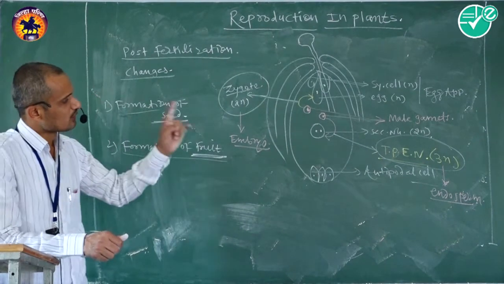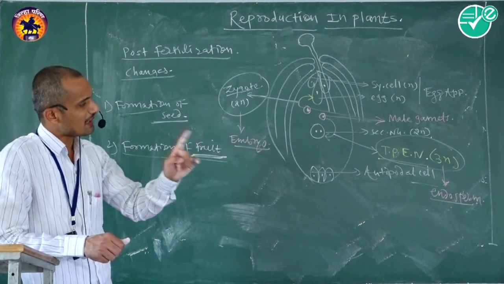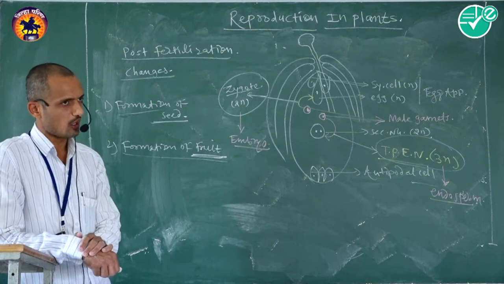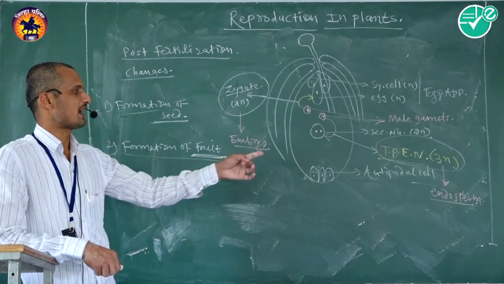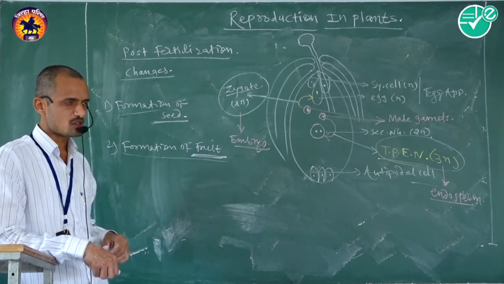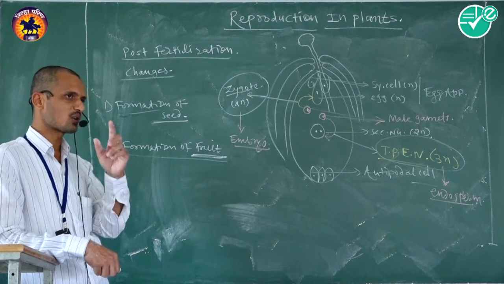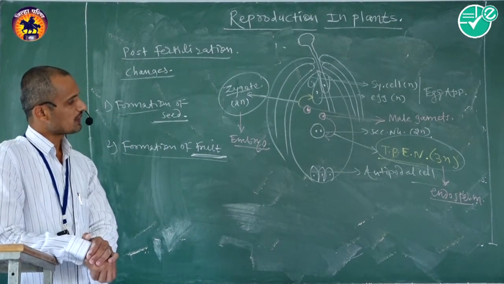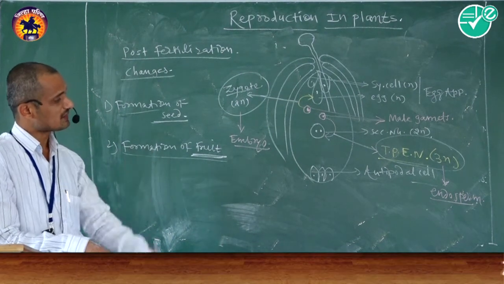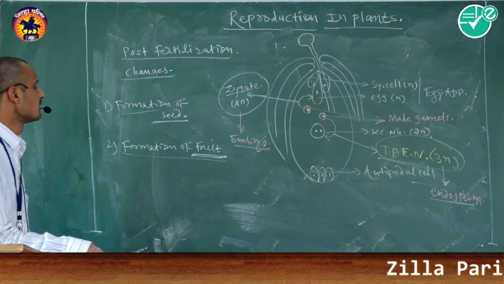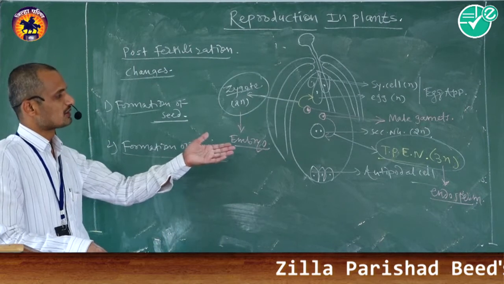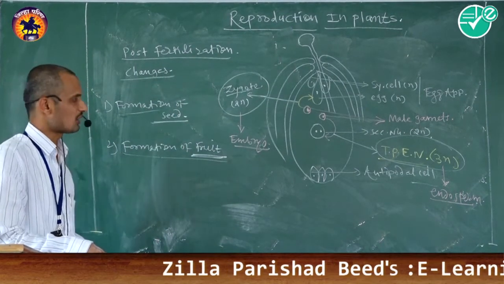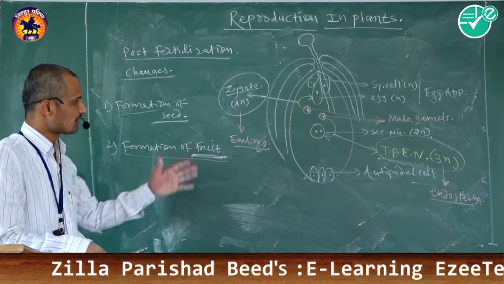If endosperm is present at the maturity of the seed, it is called endospermic seed, or albuminous seed. If endosperm is absent at the maturity of the seed, it is called non-endospermic seed or exalbuminous seed.